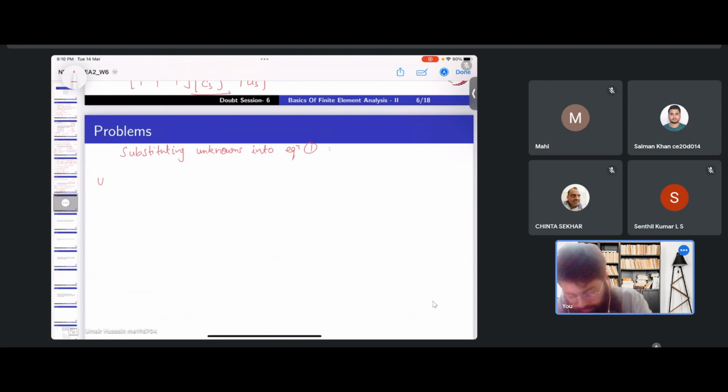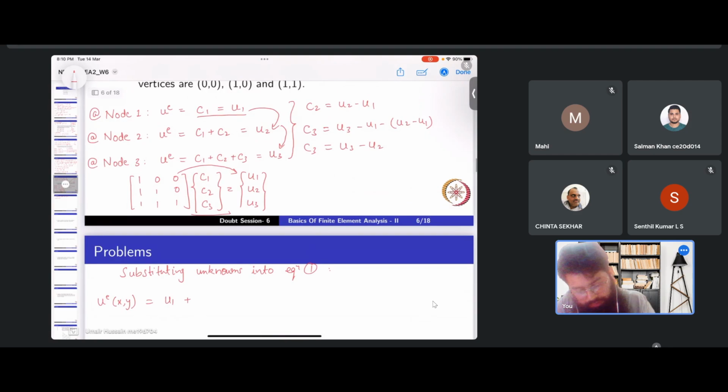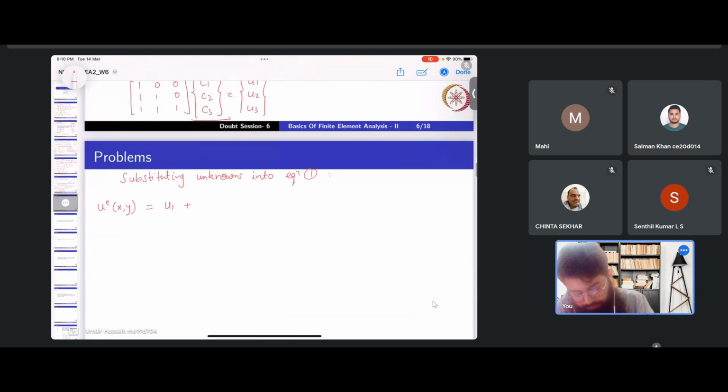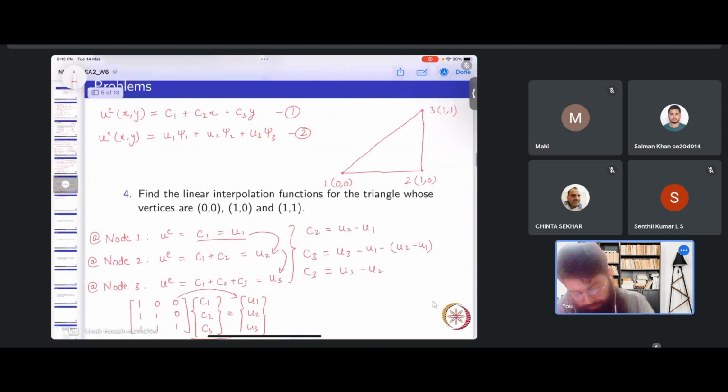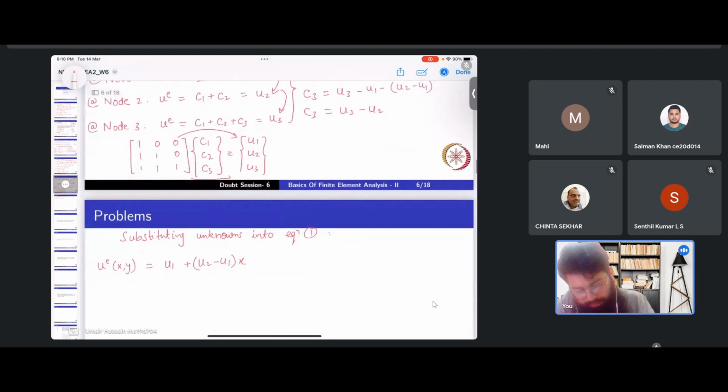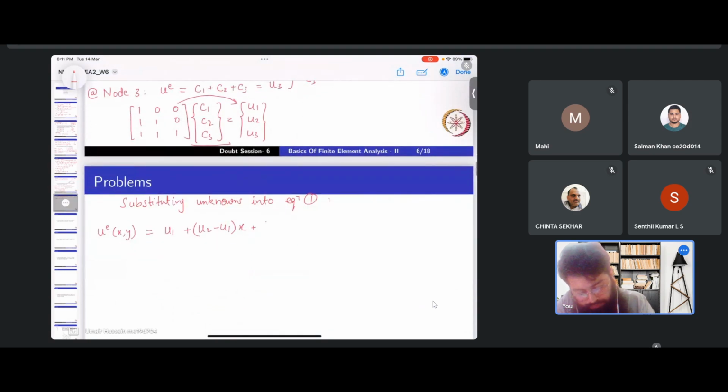So what do we get? We have C1 equals U1, plus C2 equals U2 minus U1 times X, right? Then C3 equals U3 minus U2 times Y.